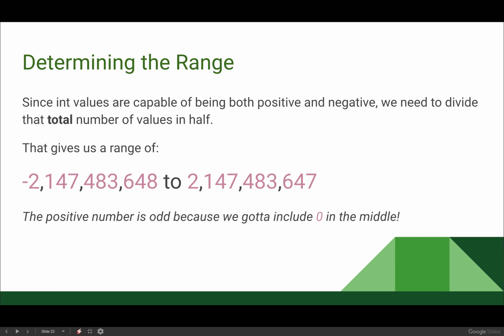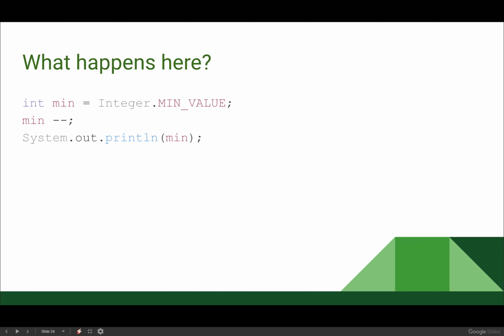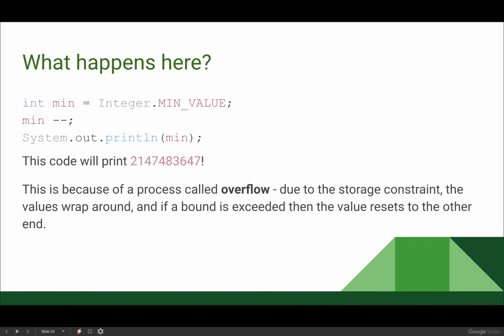What do we think? Maybe it would loop back around. Could it also possibly give us an error? Maybe. And the correct answer is, your guess was right. It will loop back around to the biggest number.